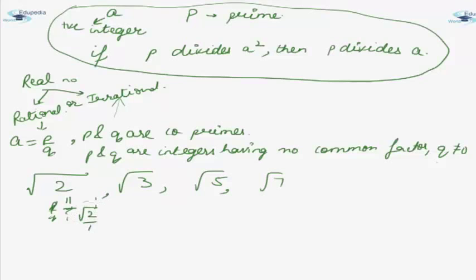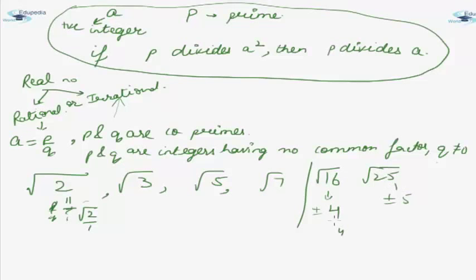The numerator here is not an integer. Whereas we also have some numbers in squares like root 16 and root 25, which can be expressed as plus minus 4, plus minus 5.